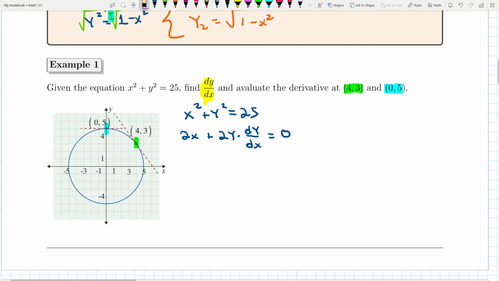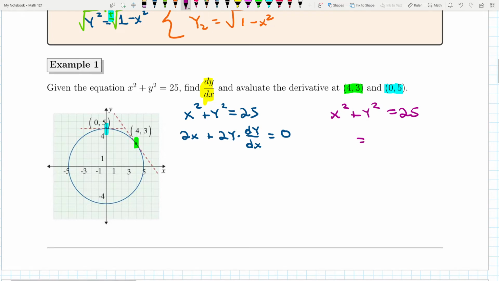All right. Another way to explain why we don't multiply by dy/dx on the x term: let me redo this problem. x squared plus y squared equals 25.